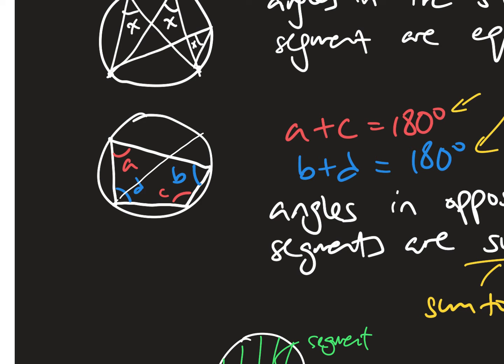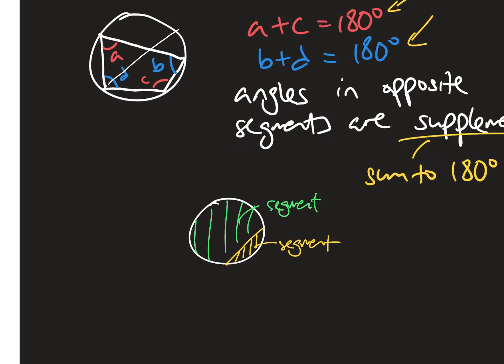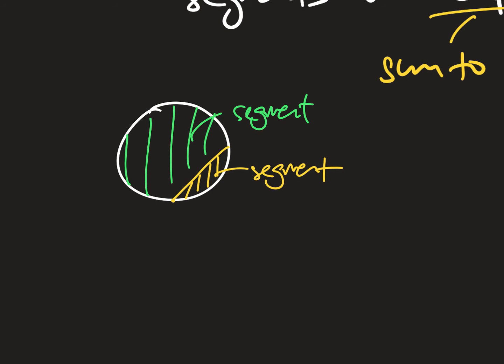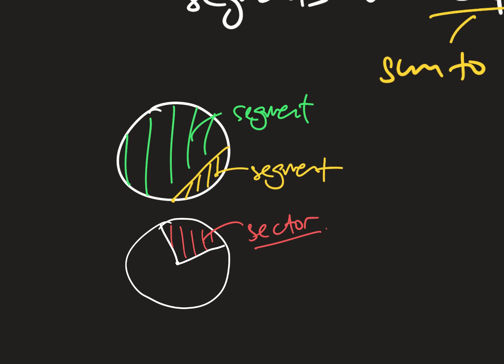Then you would say that this is one segment and this is another segment, and so A and C are angles in opposite segments, right? And I should contrast this with the concept of sector. So this is segment, and I could also have, if I cut it not from circumference to circumference, but I cut it from the center out, what I get now is a sector.